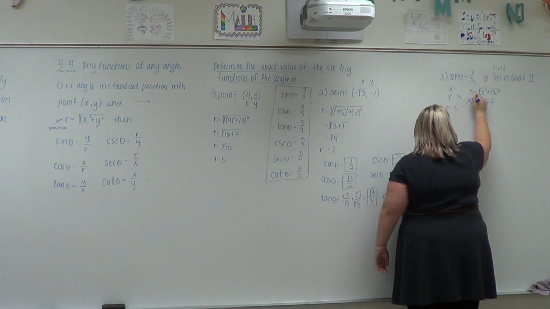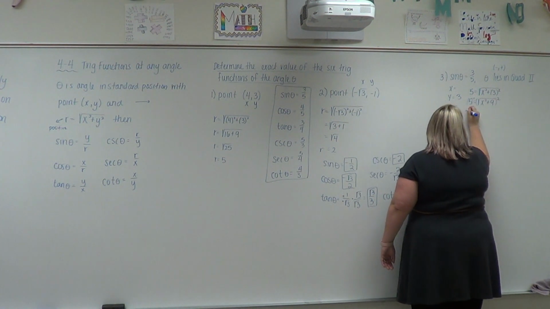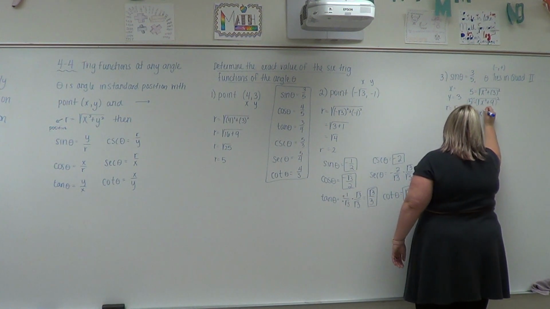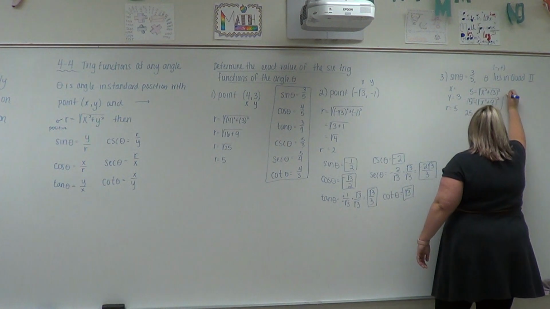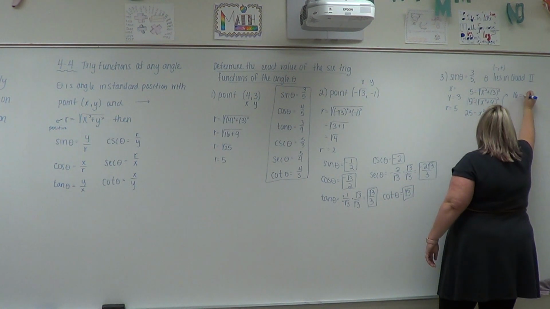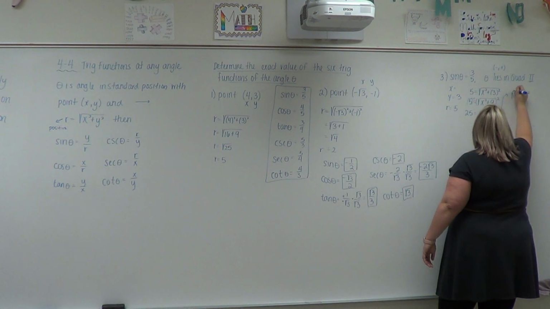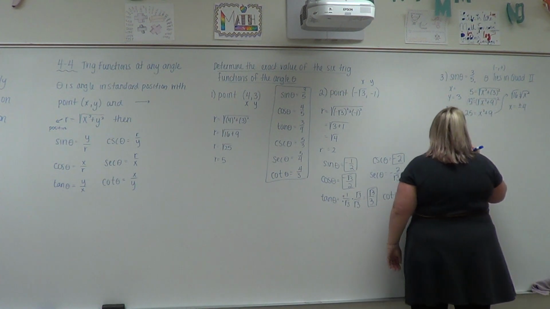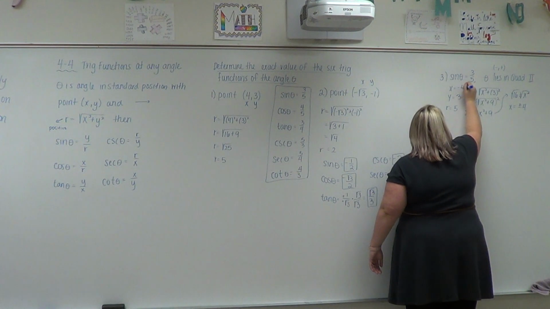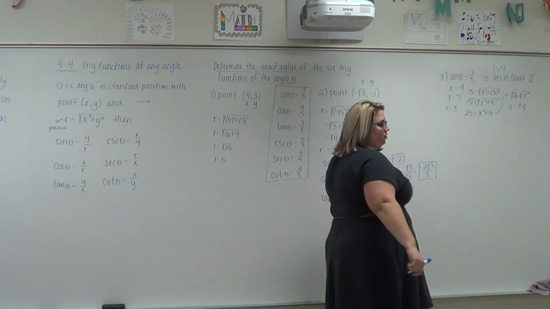Square both sides. 25 equals x squared plus 9. If I subtract 9, I have 16 equals x squared. So x could be positive or negative 4, but we know it's negative 4 because it's in quadrant 2.